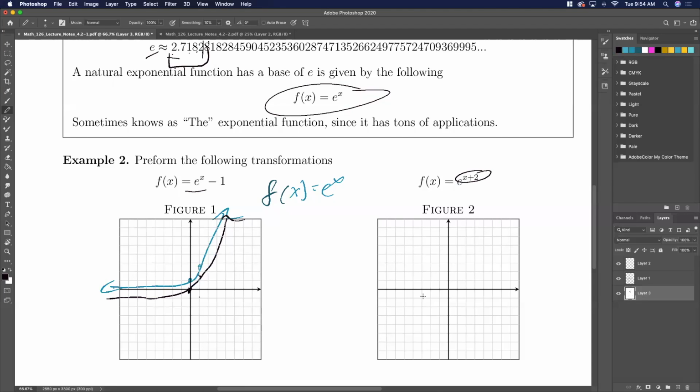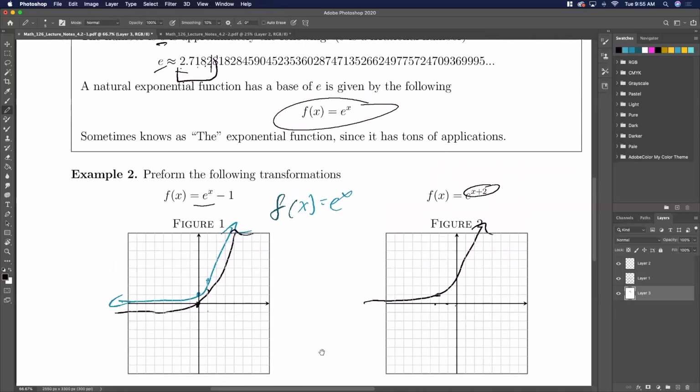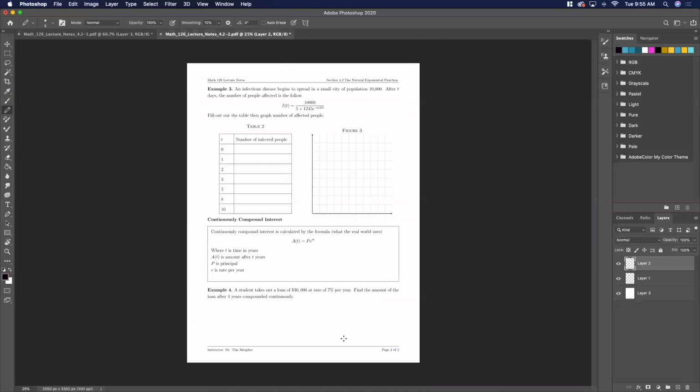Here, if I have x plus 2, I'm just going to move it to the left 2. So here's my point. I can go ahead and graph that in. And that's that.